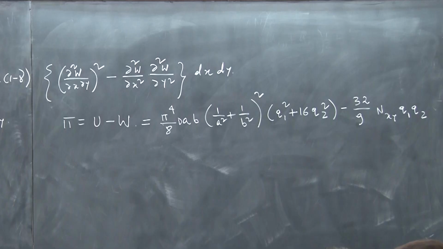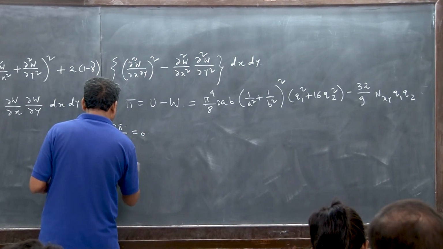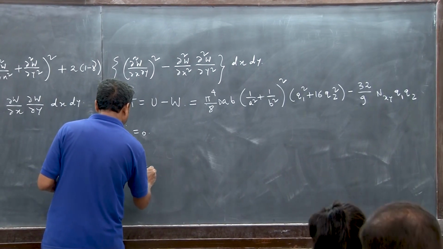Now you do minimization of energy: del pi del q1 is equal to 0, del pi del q2 is equal to 0.